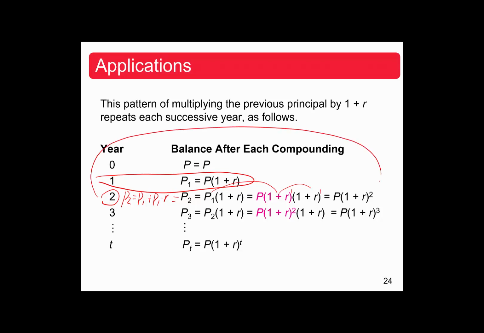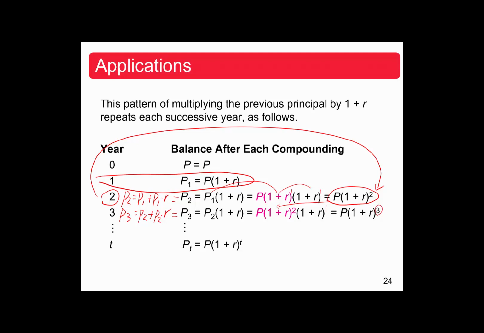the exponent is 2. Similarly, for year 3, P3 equals P2 plus principal after year 2 times interest rate. And factor out P2, you get 1 plus r. And P2 equals this. Plug in here. This is power to the second, power to the first. Adding them, you're getting 1 plus r raised to the third power.